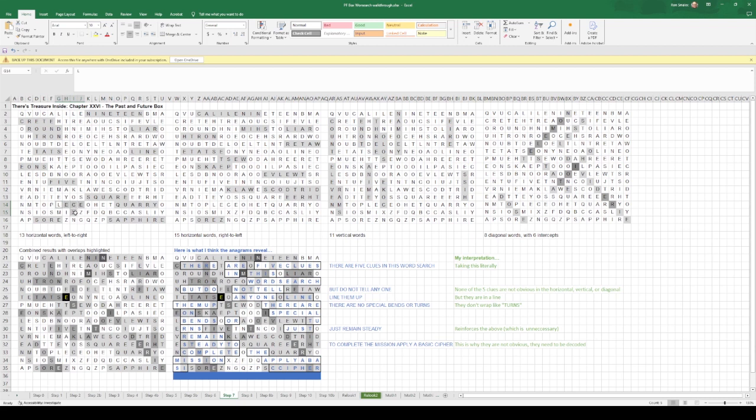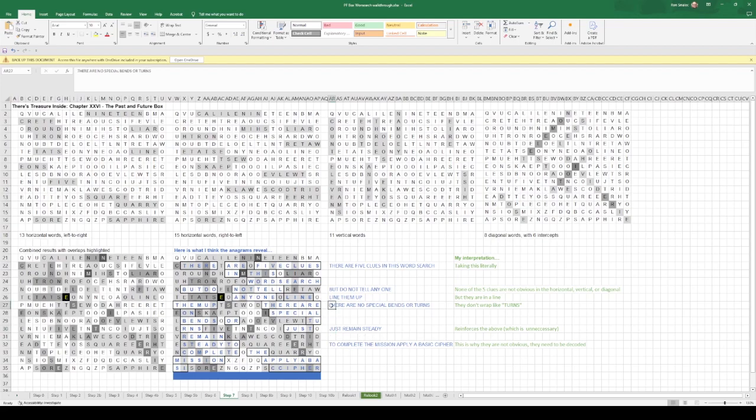So some people call this boggling, where you get letters and you connect them in a non-straight line. I think line them up, there are no special bends or turns means you don't have to do that. Just remain steady. So again, I think this just means you're not gonna have to find words that are mixed like that.